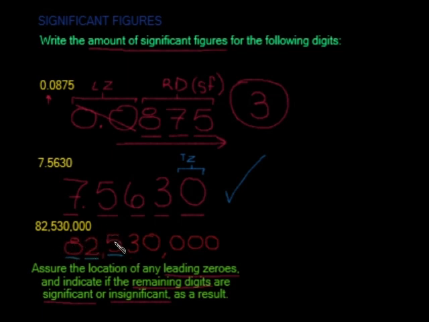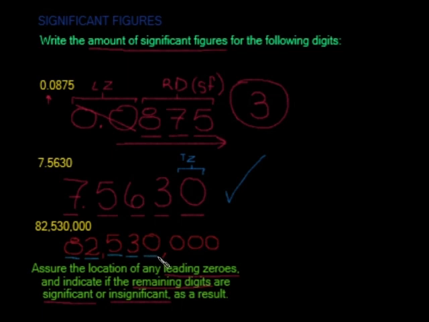In 82 million, 5 is significant as well, since that is a remaining digit, as well as the 3. So 82,530, I'll get to the rest in a moment. 3 is significant.